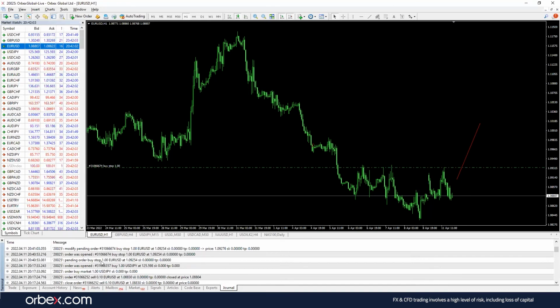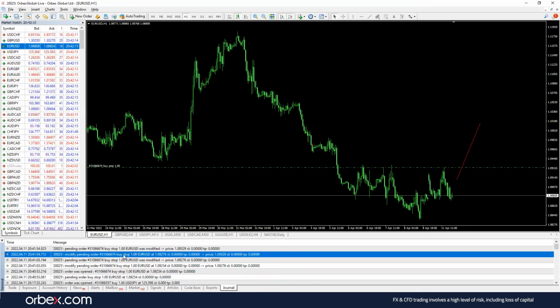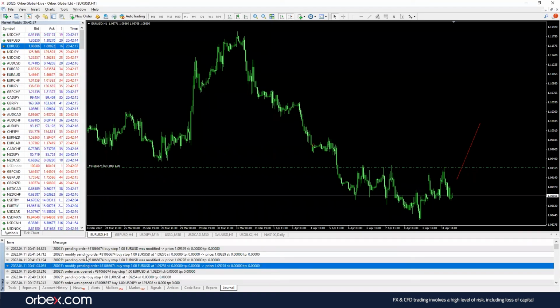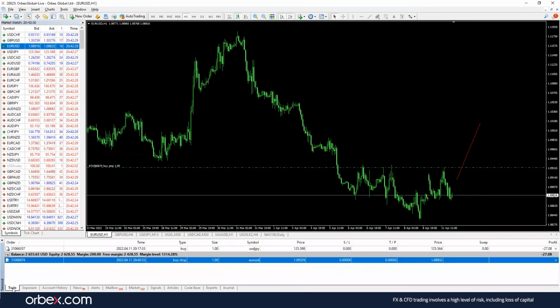So: pending order buy stop at 1.09254, the order was opened, meaning it was set, and then I've modified it because I dragged and dropped it a couple of times. This is the confirmation that it's gone from 1.09276 to 1.09329 because I've modified it myself. So just another little thing to keep an eye out for.